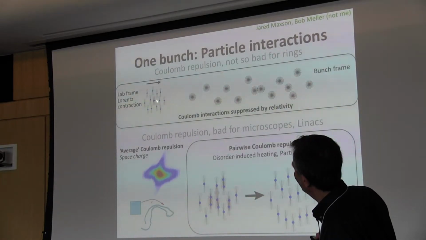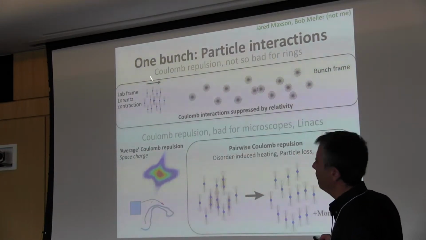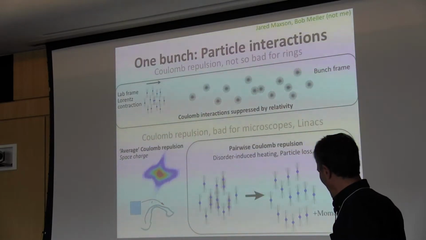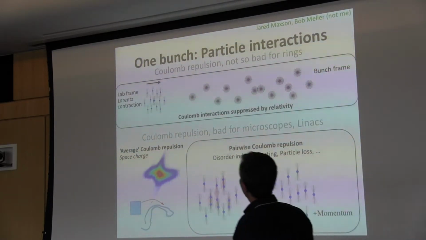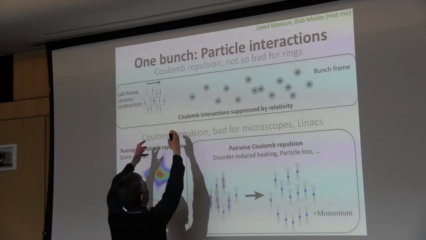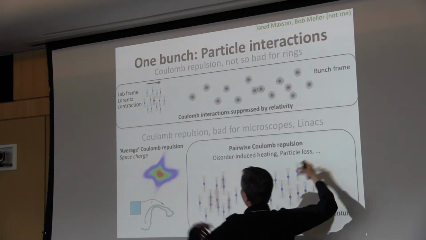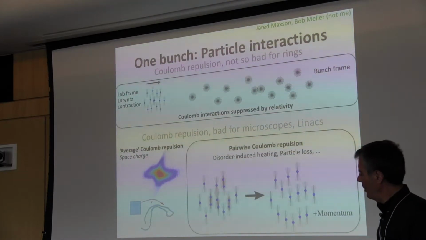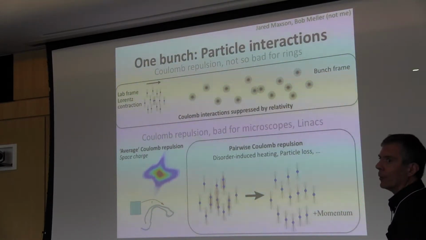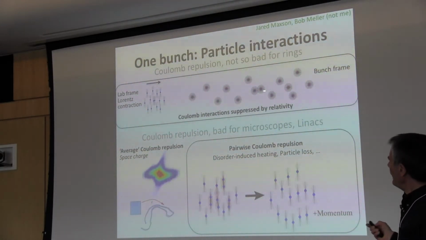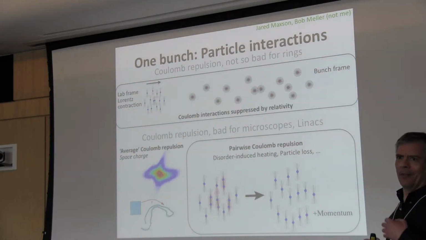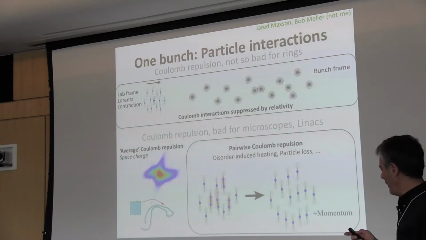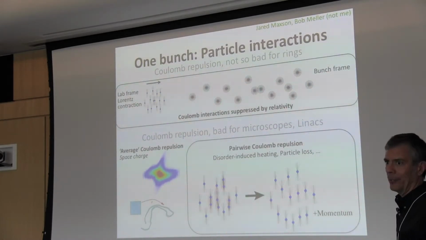The electrons' electric fields get Lorentz transformed. If you go back into the bunch frame, this Lorentz contraction gets undone, and they get spread out by this huge amount, and now the density of electrons is much lower. That's one of 2 or 3 factors, I'm told, that in combination dramatically lower the Coulomb interactions.